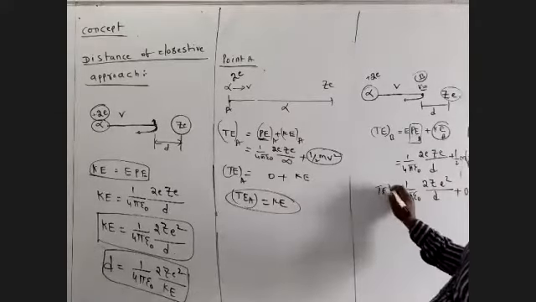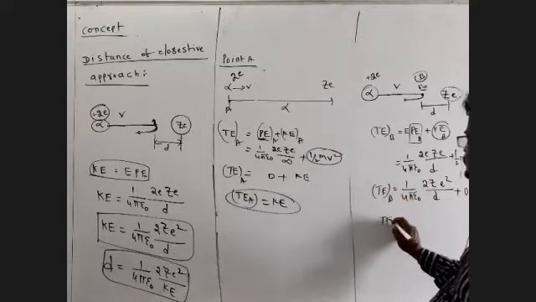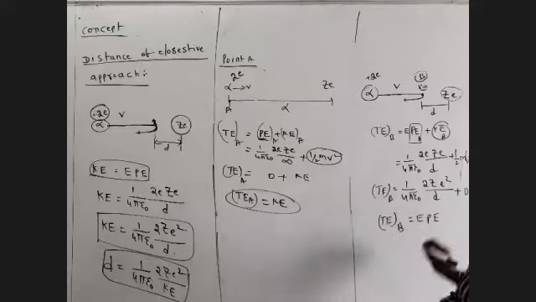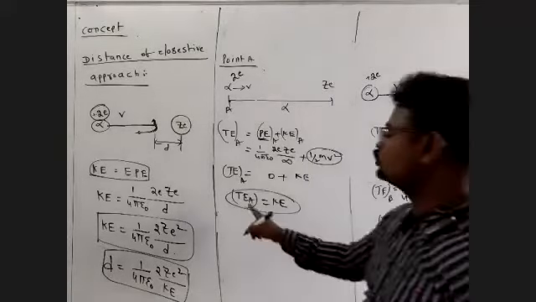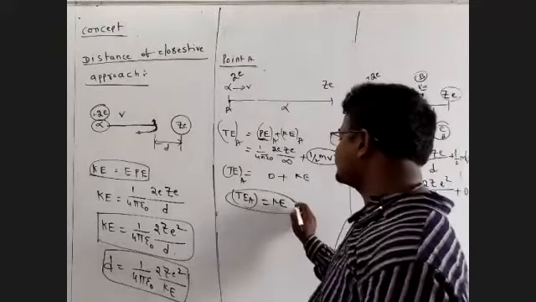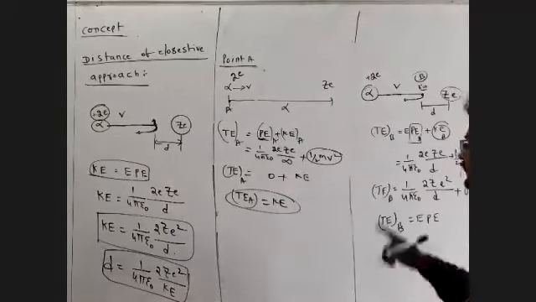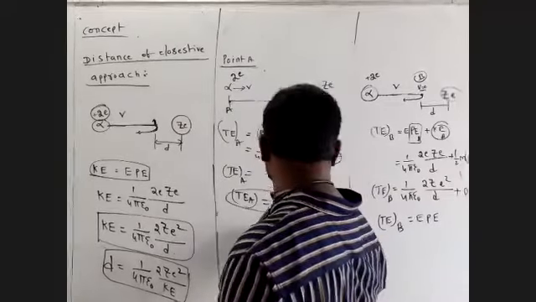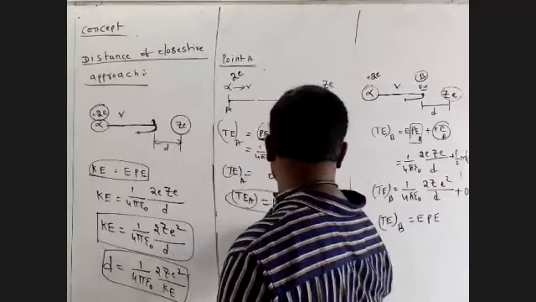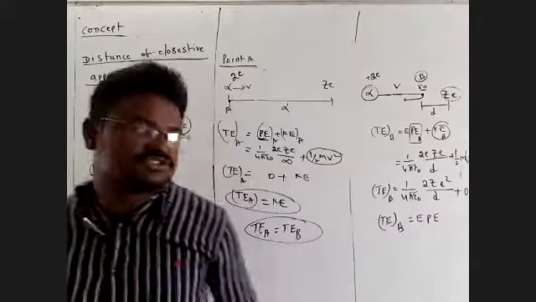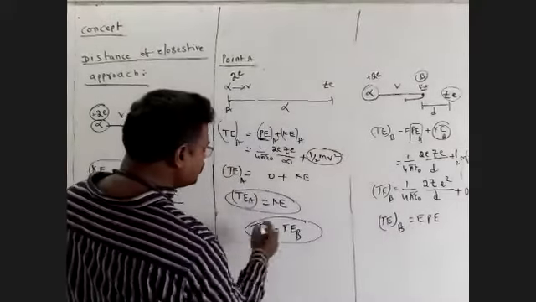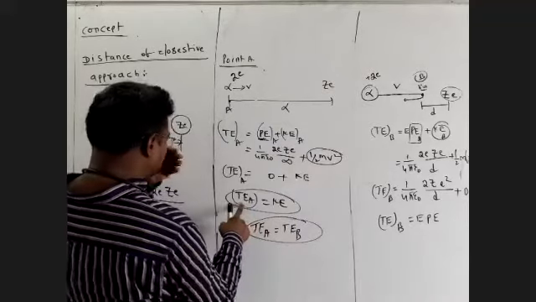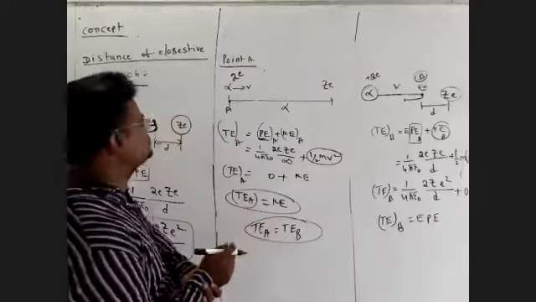This is the total energy at the B point. Total energy at the B point is equal to the electrostatic potential energy. Total energy at the A point is equal to the kinetic energy. So the total energy at the A point is equal to the total energy at the B point, according to the law of conservation.